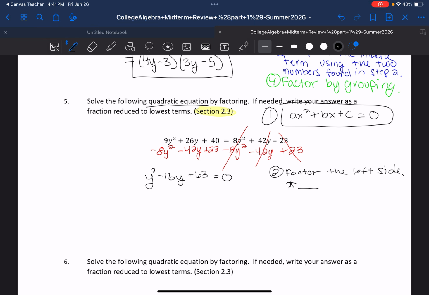is to find two factors that multiply to give you c, which is 63 in this case, because that's my constant at the end. And then they also need to add to give me my b, which is negative 16. And I know that 63 is equal to 6 times 9. Or, I'm sorry, I meant 7 times 9.